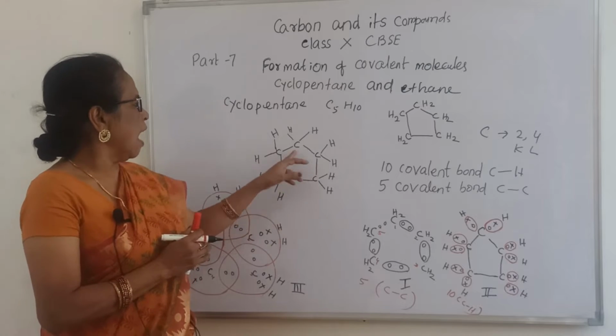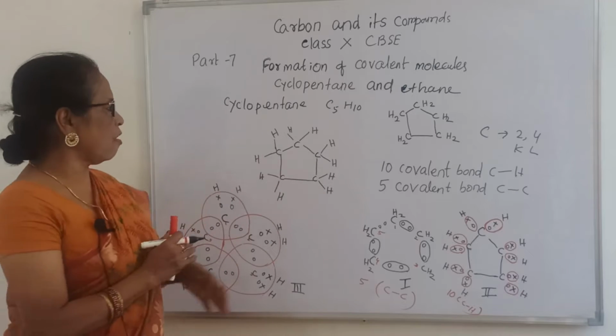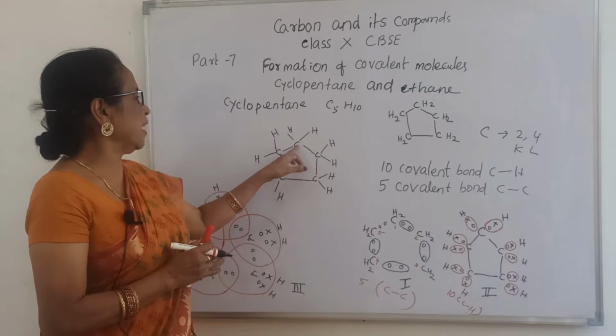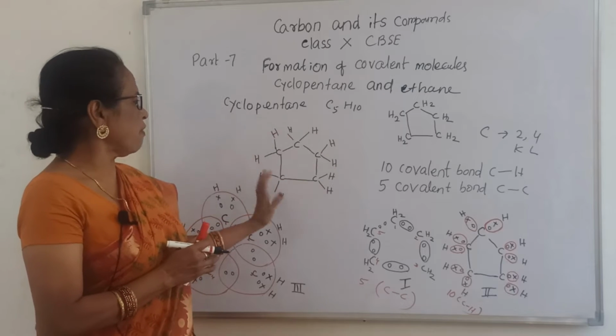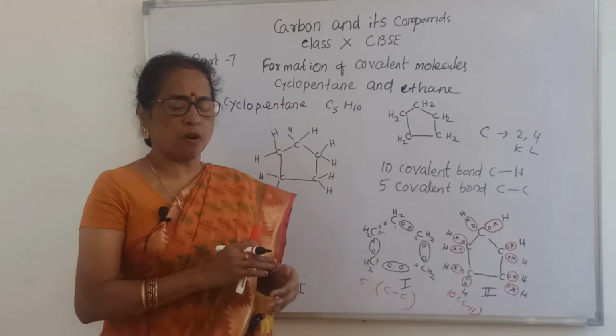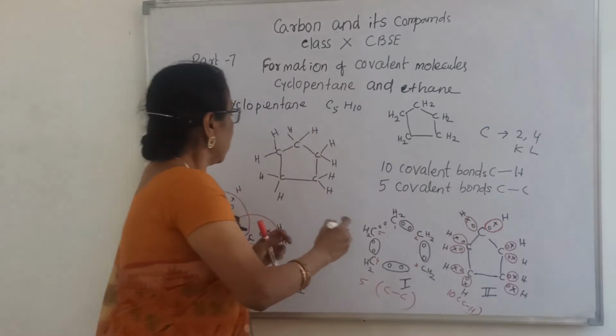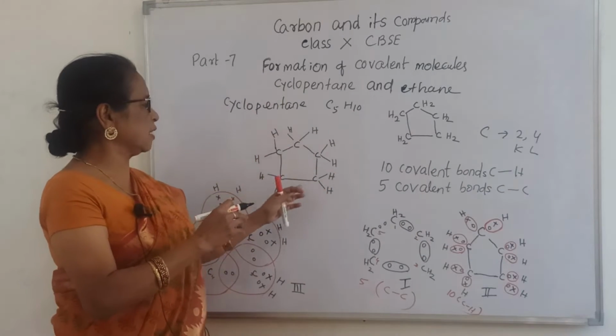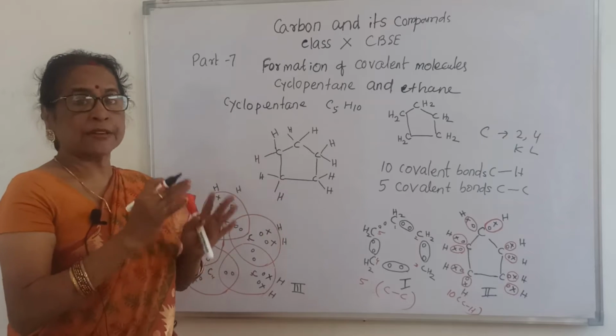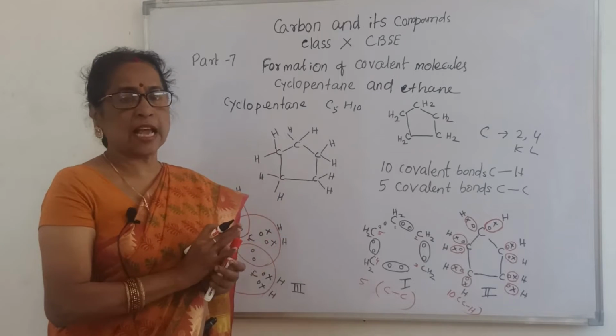But can you tell how many covalent bonds are formed between what? Between C and H you can find 10 covalent bonds, and you can calculate here how many CH there are: 10.